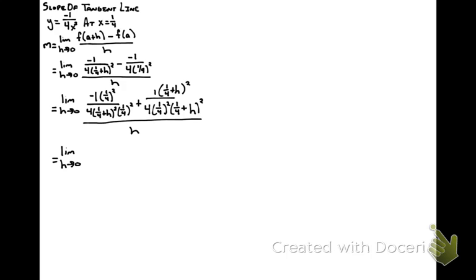I'm going to write this as 1/4 plus h squared minus 1/4 squared. So I use the commutative property in the numerator just to change the order, over my common denominator, all over h.